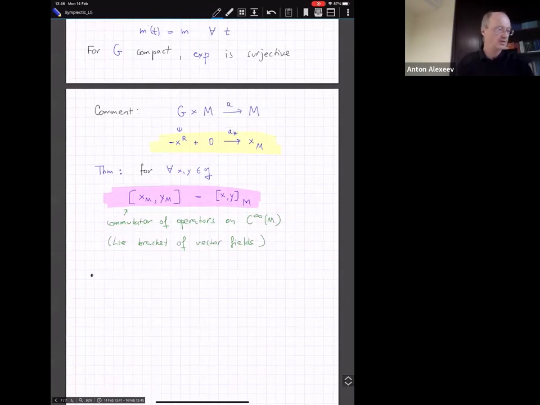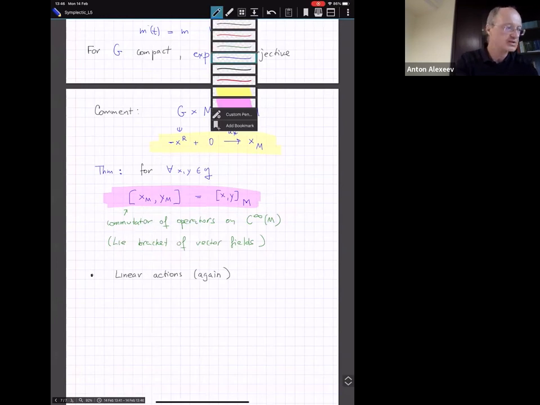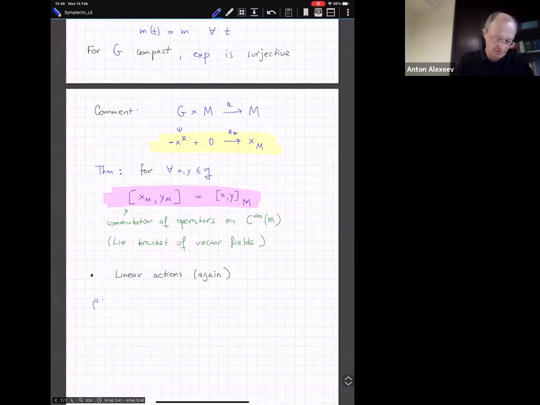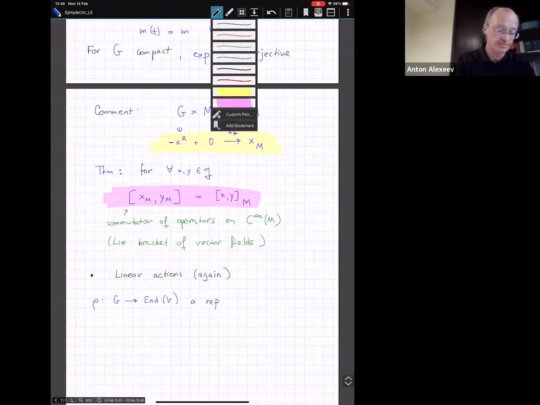All right. So back to linear actions. Again, we look at linear actions. Here the context, let me remind you, we're looking at a representation in some finite dimensional vector space.